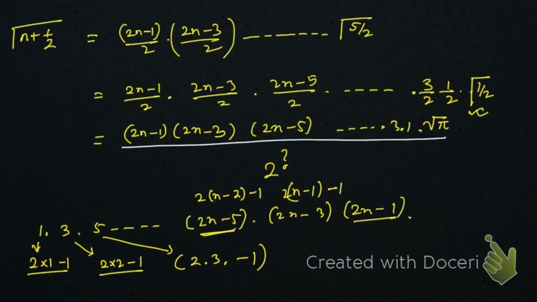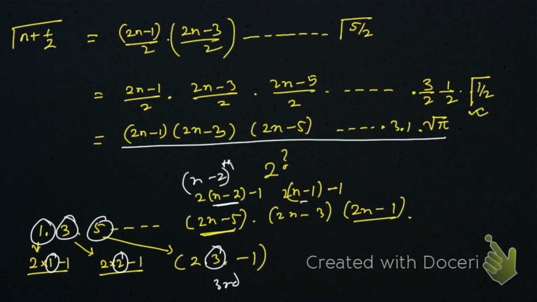So here you see, this is the first term, this is the second term, this is the third term, right? This is the n minus 1 term, so here we have n, the nth term.